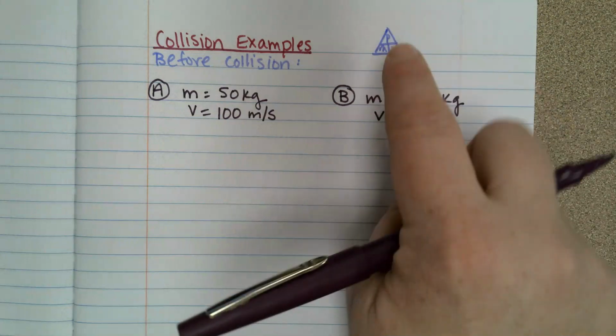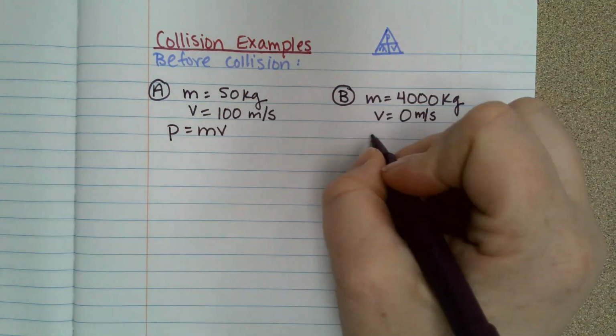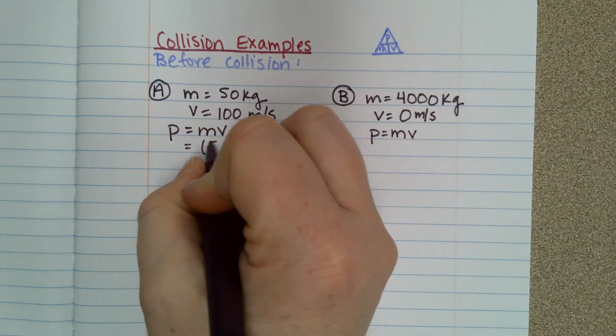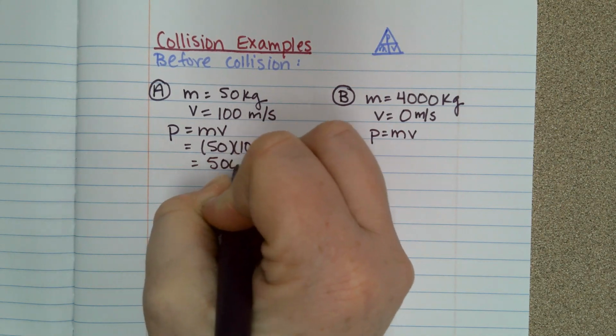We want to calculate what our momentum is before for each of these objects. Momentum is mass times velocity. For cart A, we're taking 50 times 100, so that's going to equal 5,000.